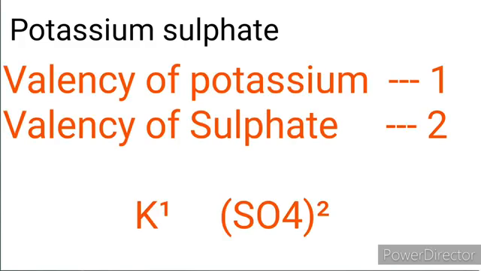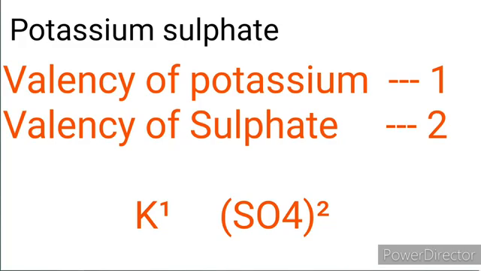Next, write the valency of each atom on the top of its symbol. Children, what is the valency of potassium? 1. And what is the valency of sulfate? 2. Divide the valency numbers by their highest common factor, if any, to get the simple ratio. So, here the valency is 1 for potassium and 2 for sulfate.